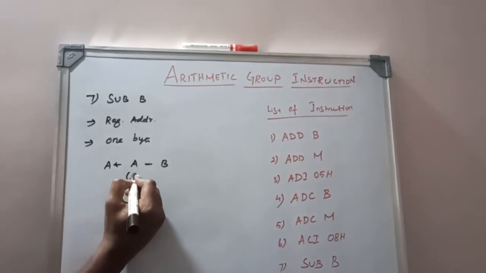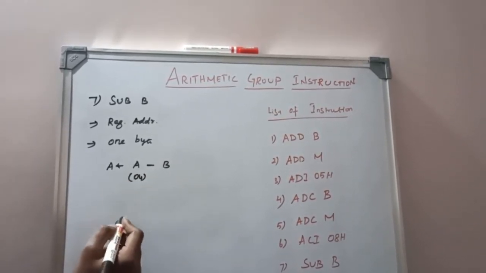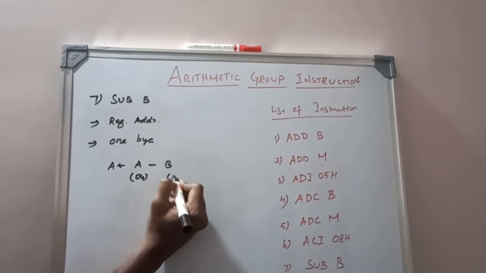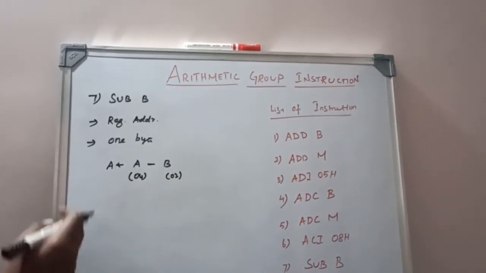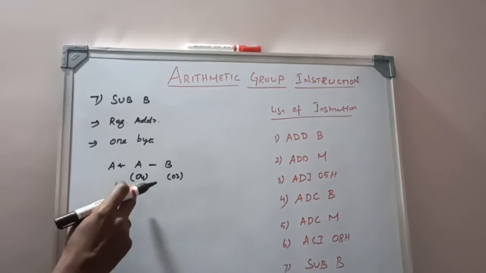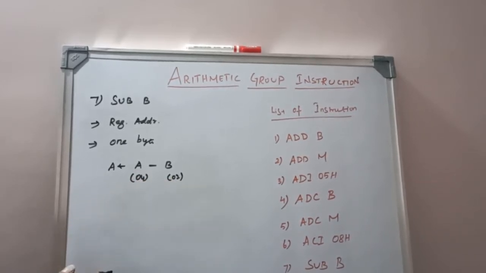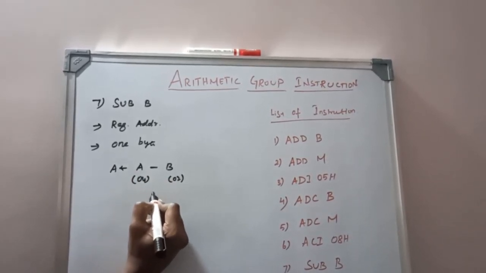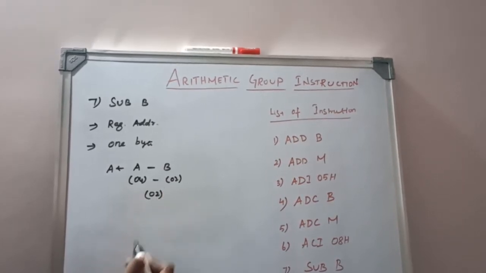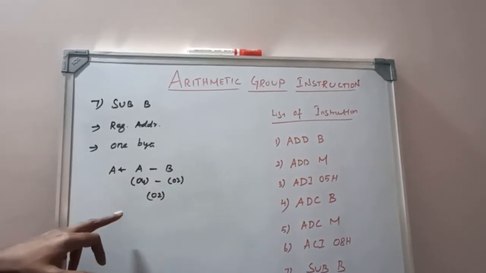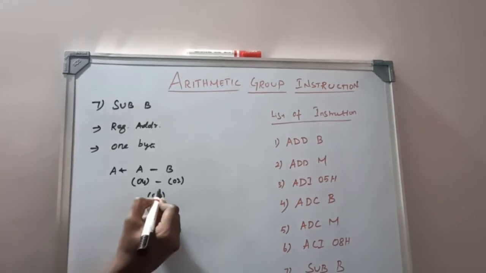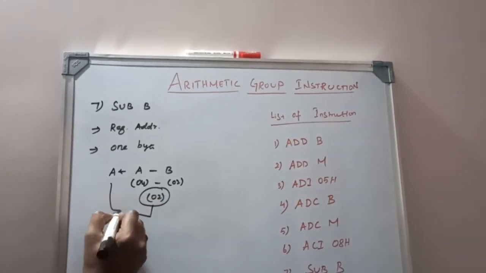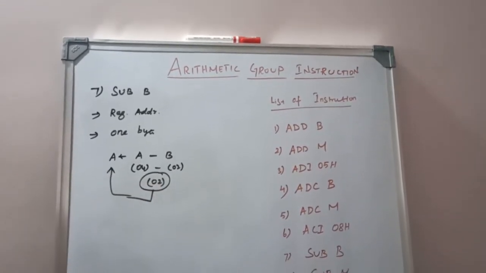Now, let us consider the A register value 04 and the B register value 02. After execution of this instruction, you can find the difference between the two registers, 02. So A minus B gives 02, and this value is loaded to the accumulator register.